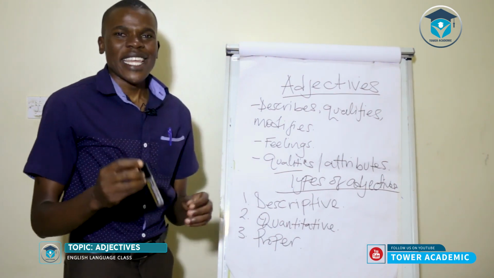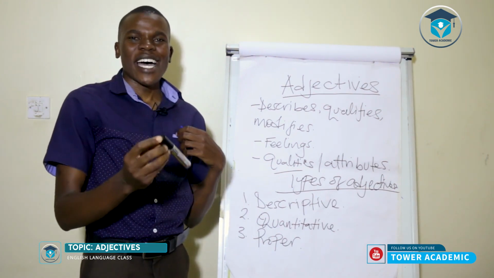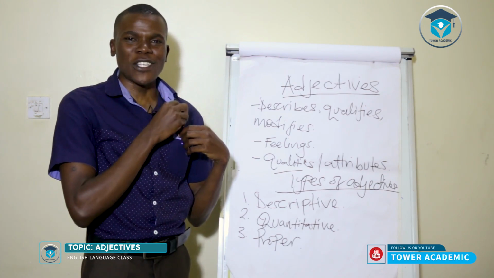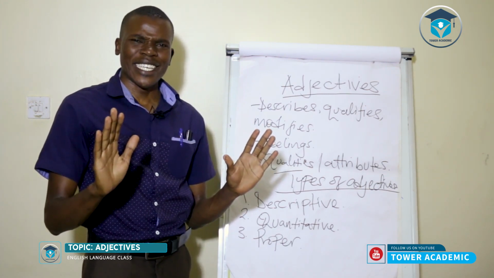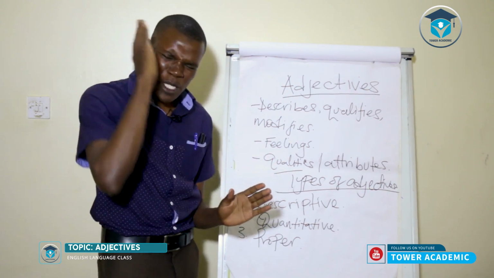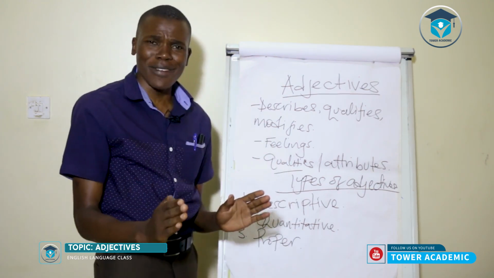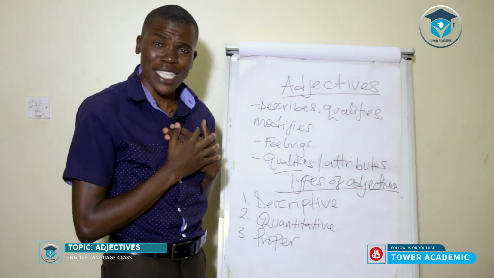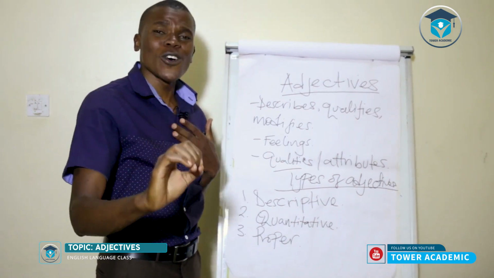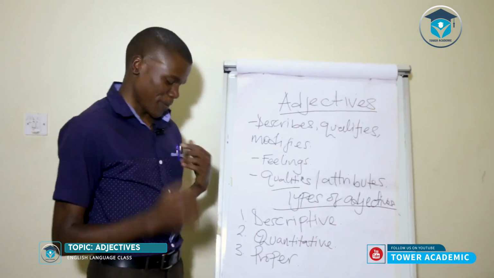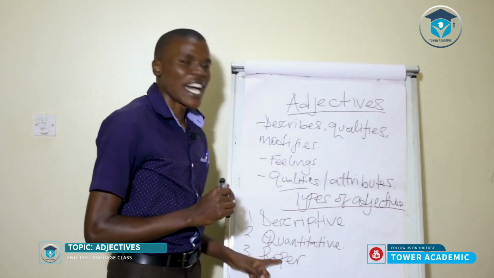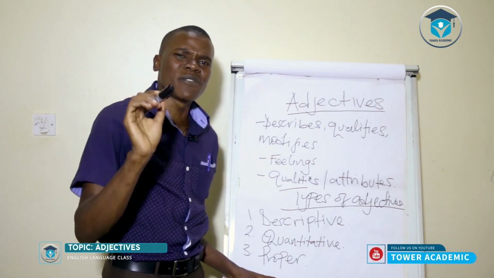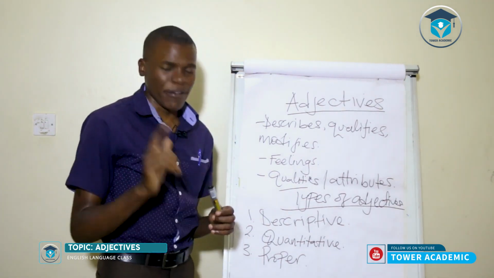I say, this marker has fitted into my pocket properly. It means that I am specific. Why has the marker fitted into my pocket? How has it fitted properly? In so doing, I am showing you something. So I just wanted to bring out the fact that a proper adjective is one that gives specific information.